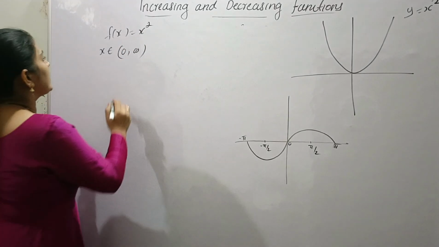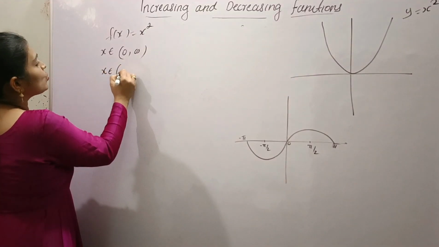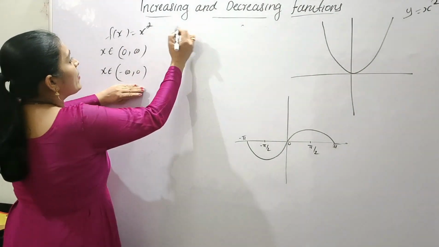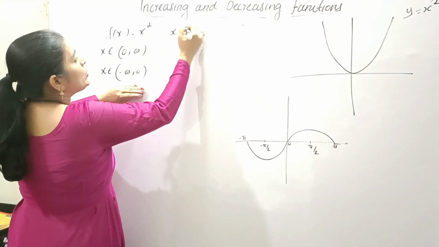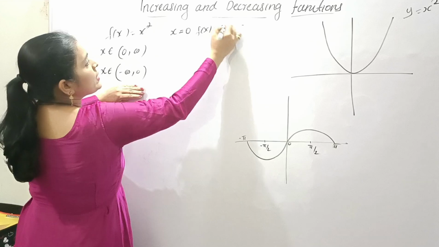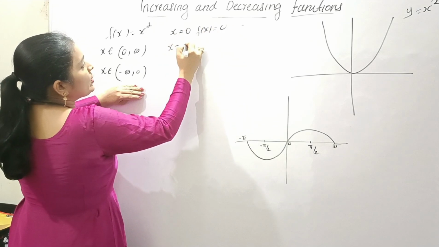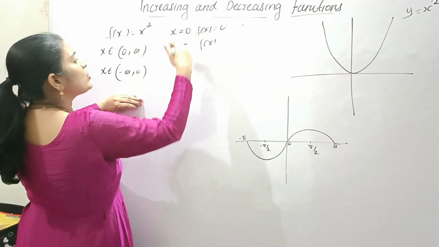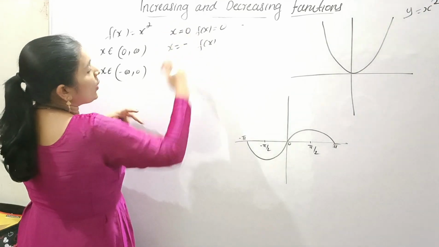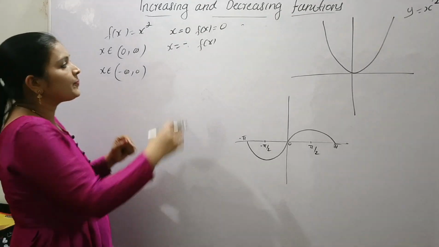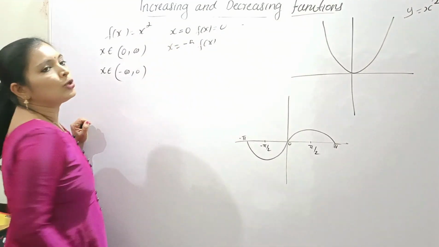But what about x belongs to minus infinity to 0? In this case, when x is equal to 0, f of x is equal to 0. As x increases, we have to show that f of x decreases, right? So let's take x equal to minus 5.